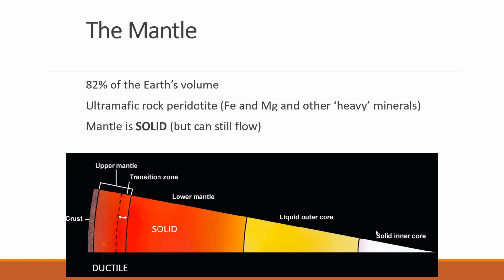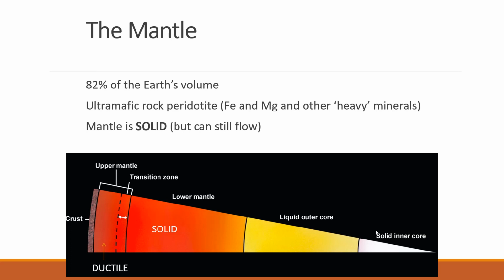The mantle is solid, but parts of the mantle can flow over geologic time. And remember, geologic time is that extremely long amount of time. We're talking deep time. Over that long period of time, we can have this rock flowing. So an analogy for this would be silly putty. If you look at silly putty, it's solid.